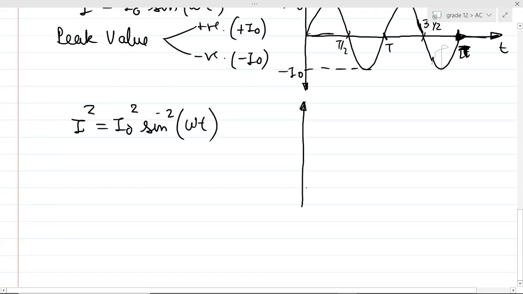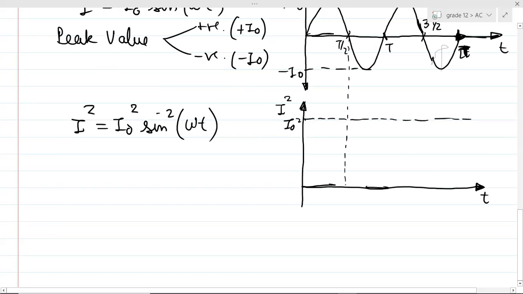If I try to draw the graph of this function, t versus I square, let's say I naught square becomes something like this. And can you see for the same time period, the graph will change like this. For the negative cycle as well, the graph will change like this. Again a positive half cycle.